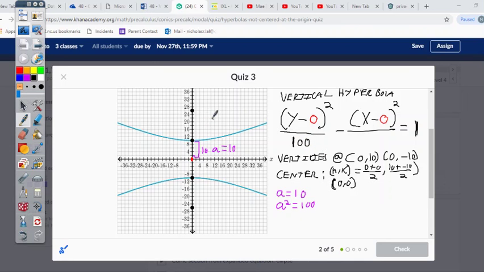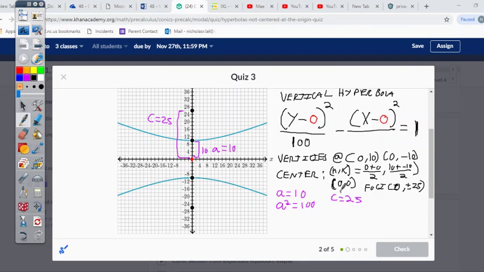And the foci is going to be at 25, all right? So if we understand how hyperbolas work, we know that c is equal to 25. That's the focal length. That's because we have foci at 0, comma, plus or minus 25.